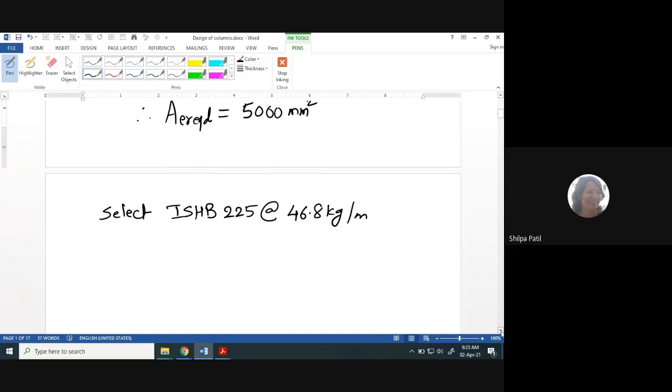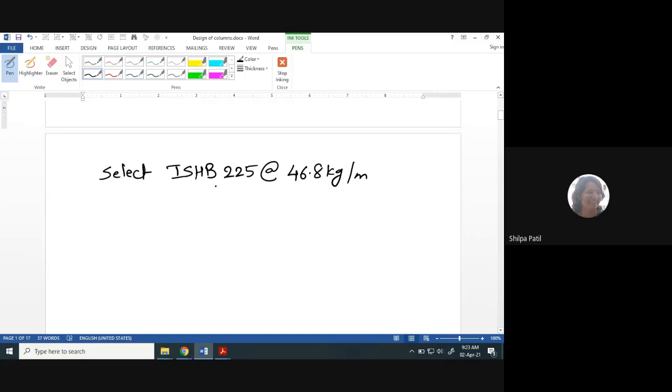Always write it down in full like this: ISHB 225 at 46.8 kg per meter. This will give you the specific section. As I have explained in the steel table, you have two sections having the same depth. So if you mention only ISHB 225, it will become difficult to understand exactly which section you have selected.